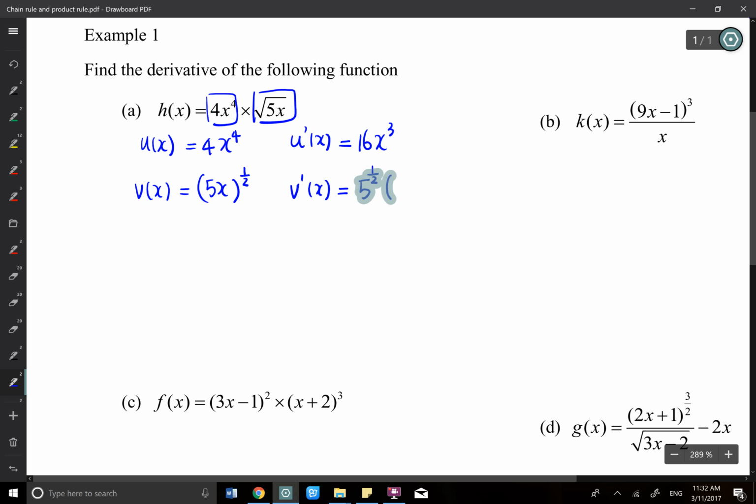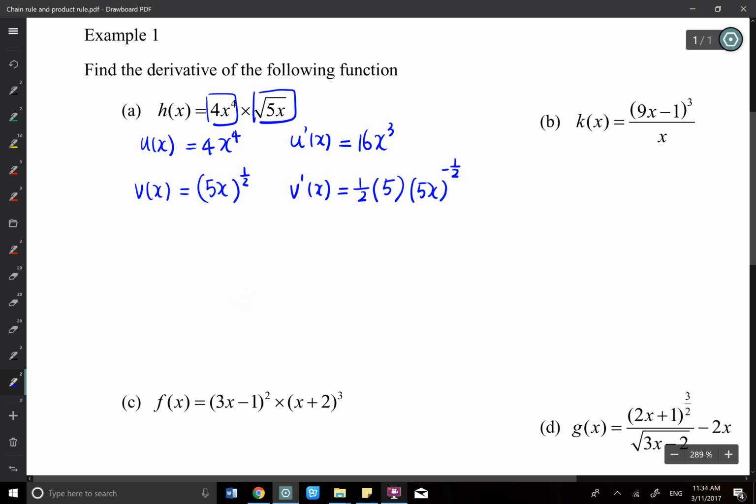Sorry, that's not correct. We'll use the chain rule, what we used yesterday. We bring the half down first, and then we derive the inside, and then we reduce the power by 1.